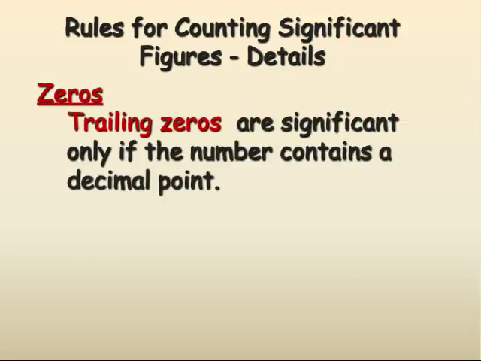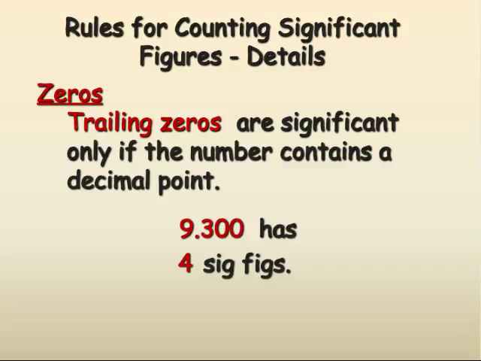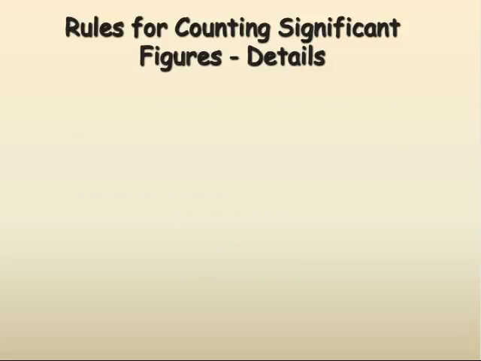Now, trailing zeros are where we get a little bit tricky. Trailing zeros are significant only if the number contains a decimal point. For example, 9.300 has a decimal point. So those trailing zeros, the ones in the back, are significant. So that comes in at 4 significant figures.